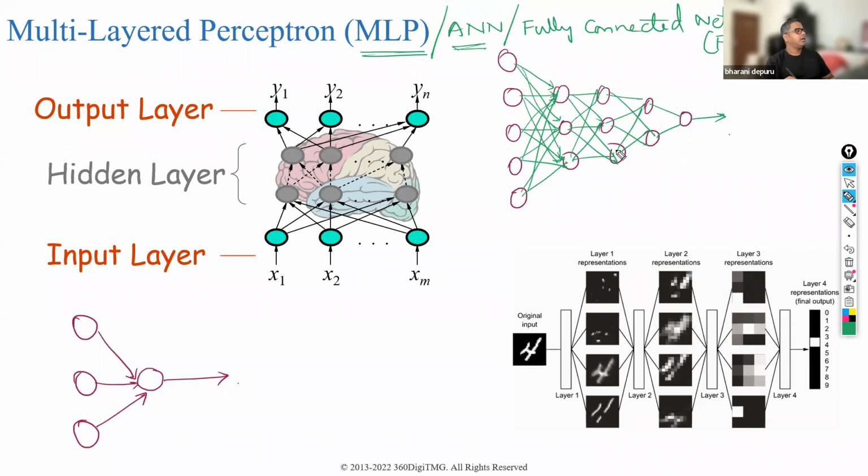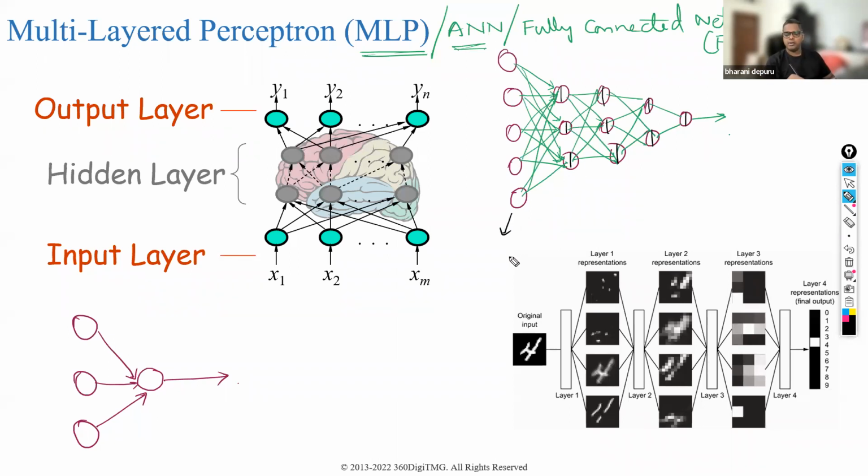Okay. And one more very important thing that you all have to remember is that except for the input layer, every neuron in every other layer will have two components: integration and activation. In that way, every neuron except for the input layer neurons will have both the integration and activation components.